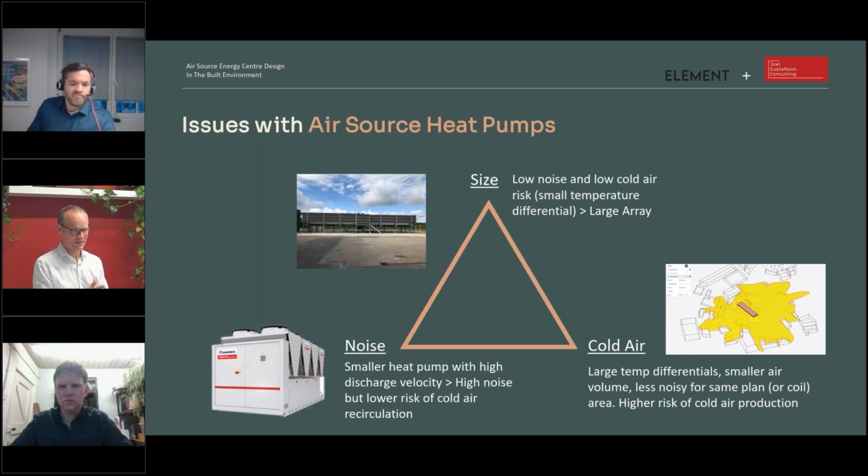So you can imagine in an urban environment, space is at a premium, noise is a challenge, and ultimately of the three, cold air is arguably the most challenging and important from an operational perspective. And so we're trying to balance all of these three aspects in a site-specific way.